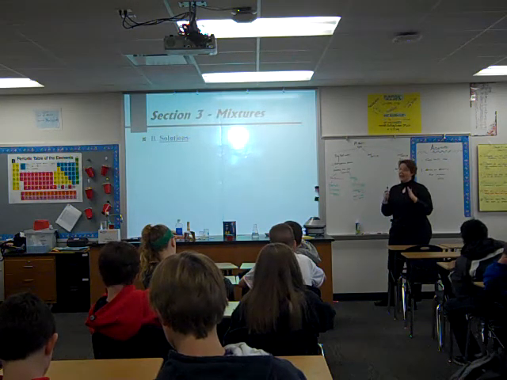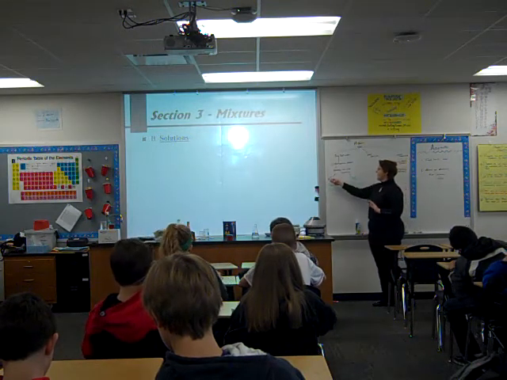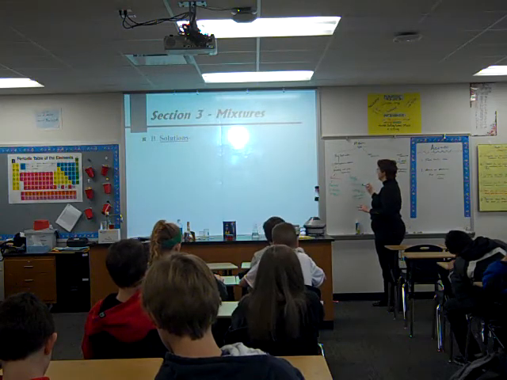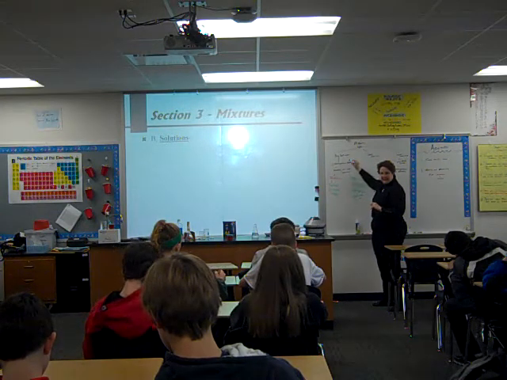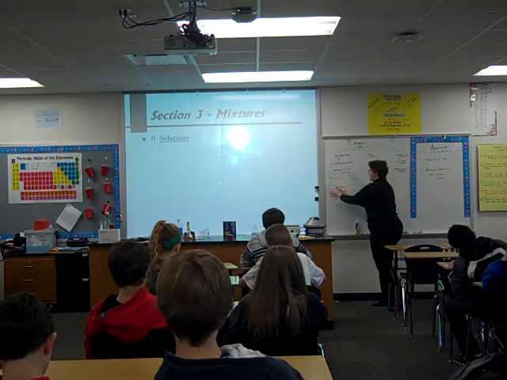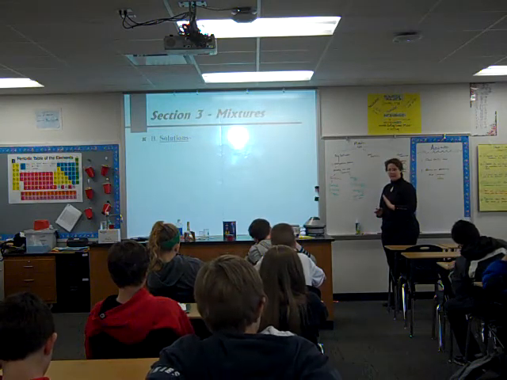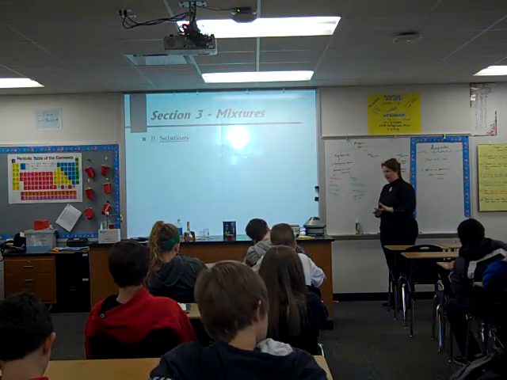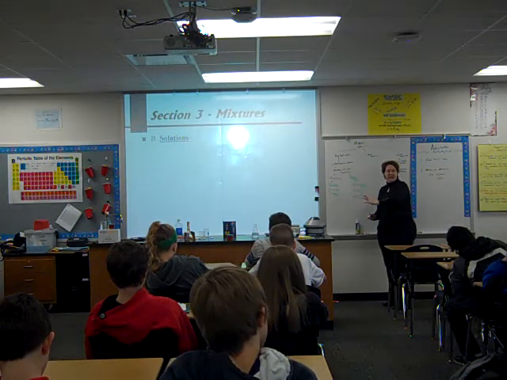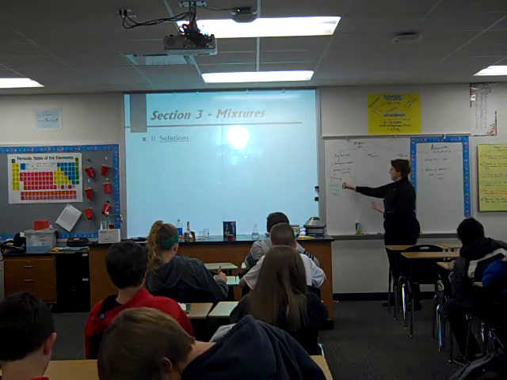No. Is it still a heterogeneous mixture? Yes. But it doesn't have a fancy name. It just gets called heterogeneous mixture, whereas suspension is also a heterogeneous mixture. It's just that there's one that has no name and one that does. Does this make sense? This is pretty much the entire lesson for them.